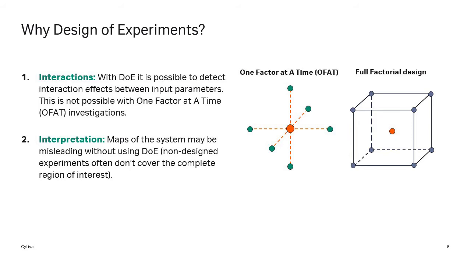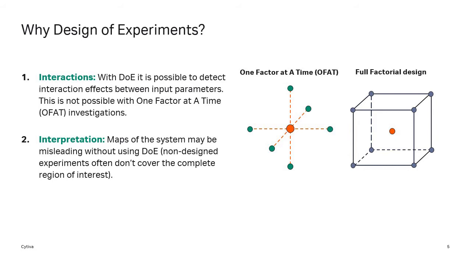The second reason for DoE is from an interpretation perspective. If we consider the two cartoons at the bottom of the slide, the cartoon at the left pictures a one factor at a time approach to optimize or investigate in a three-dimensional parameter space around the red center point.